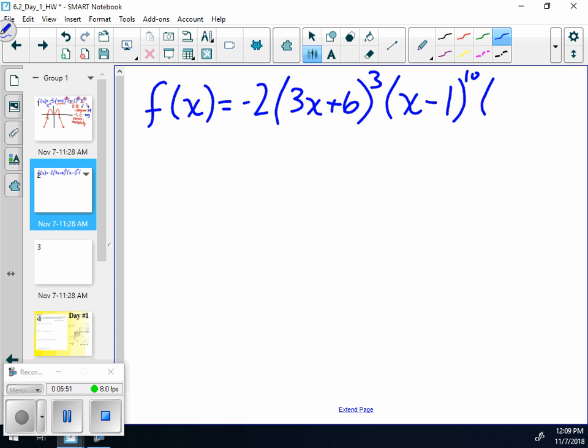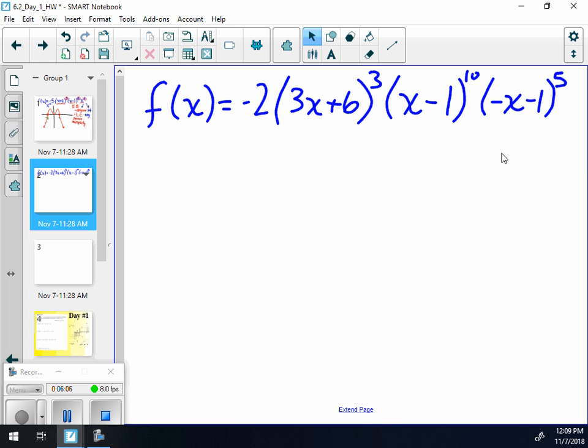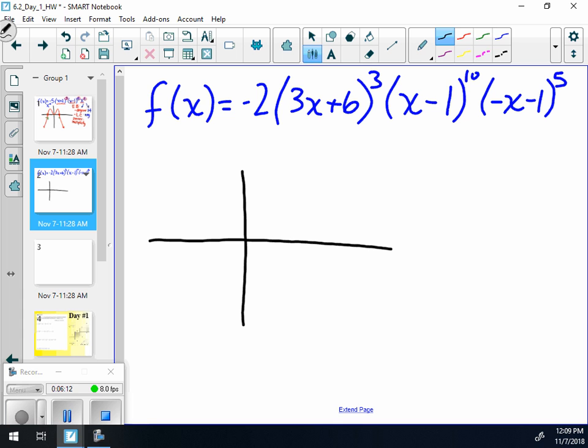And then, let's make it a little bit trickier, (negative x minus 1) to the 5th power. Okay? So I will pause while you take a few moments, and we want to do the same thing and graph this. And I will leave you to it.